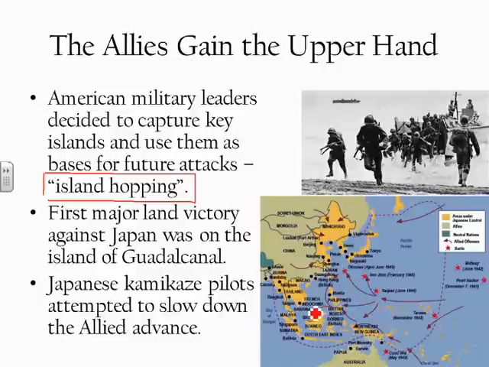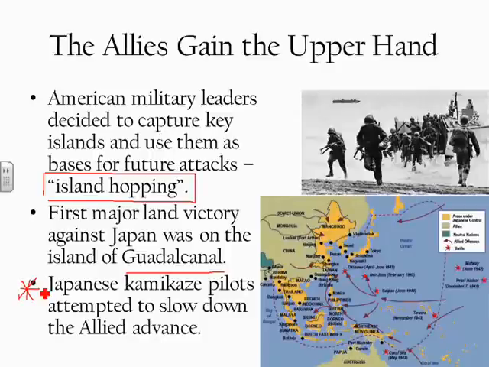All right. The Battle of Guadalcanal is the first major land victory, right? And this is something people always find interesting, the word kamikaze. Excuse me. All right. Kamikaze pilots. They were pilots who, throughout the course of a battle, when they realized that either A, they were out of ammunition, or B, it was their only option, they would actually fly their airplane right into American ships.